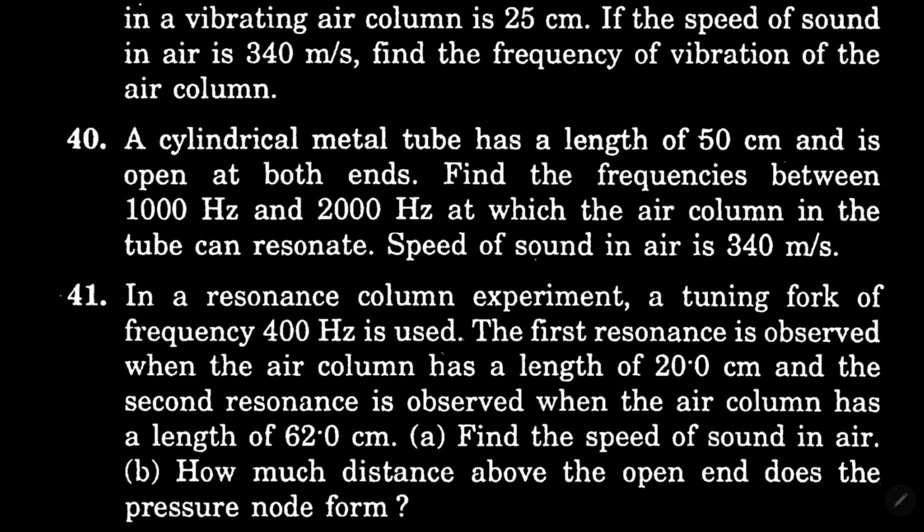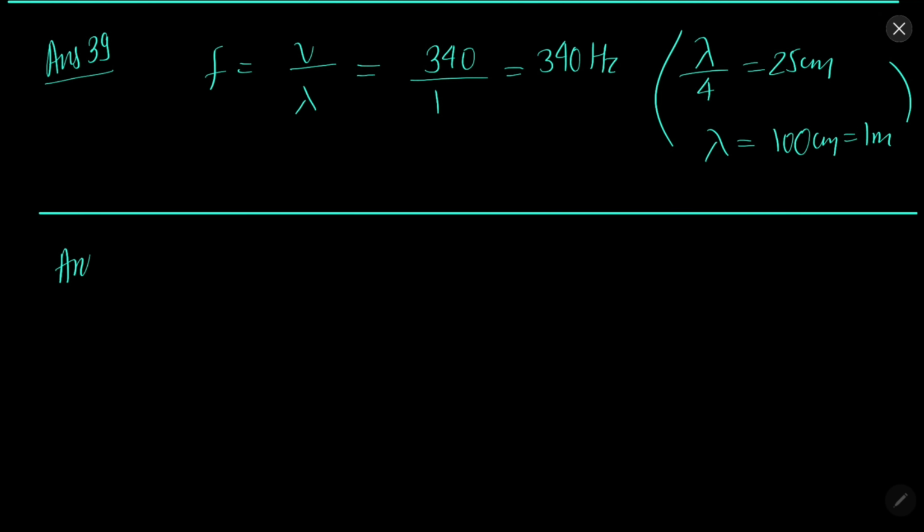In question 40, we have been given this cylindrical metal tube. We need to find the frequency between 1000 Hertz and 2000 Hertz at which the air column in the tube can resonate. Solution 40. So now F1, for an open organ pipe, will be V over 2L.